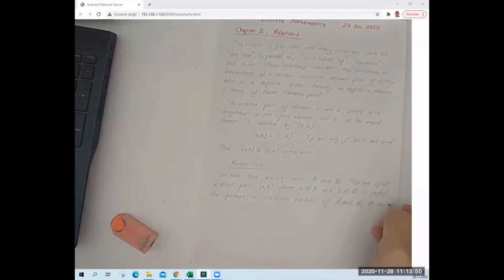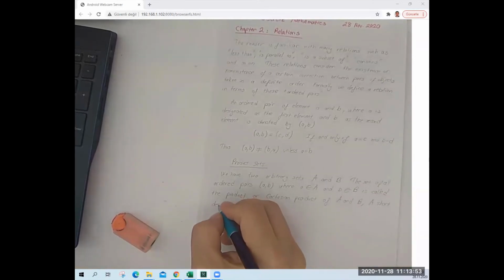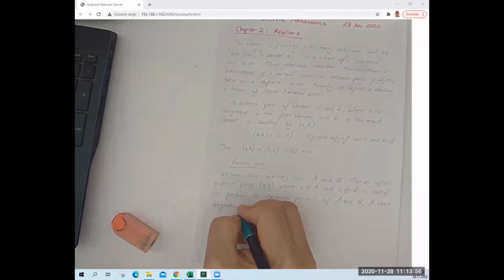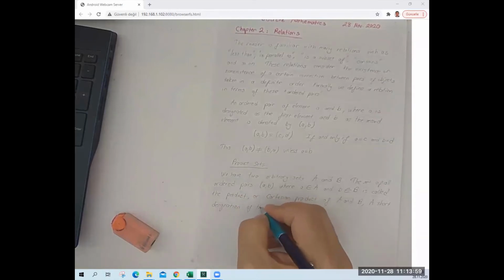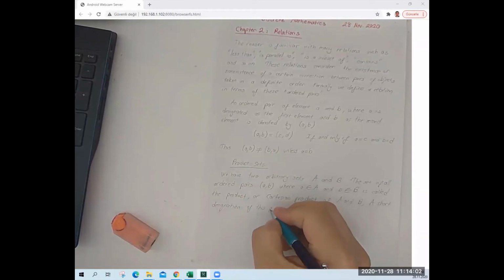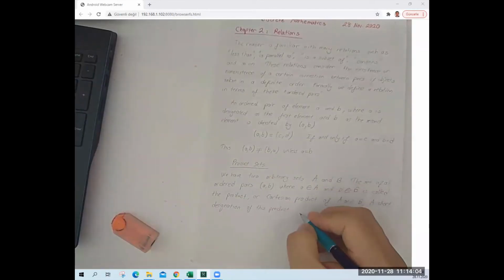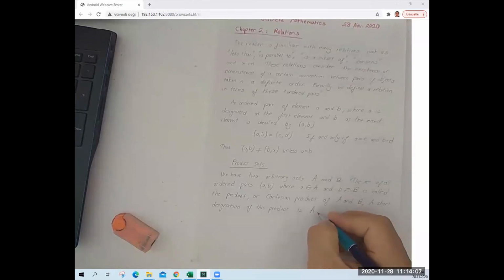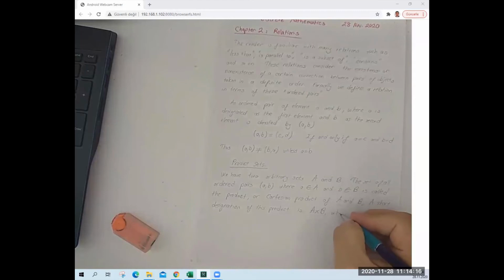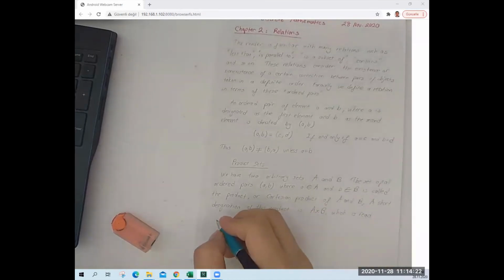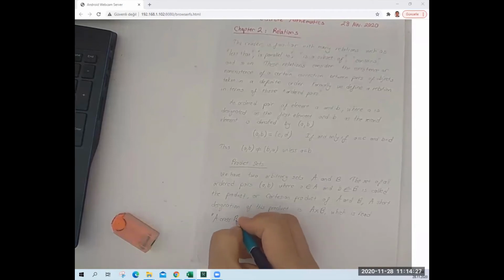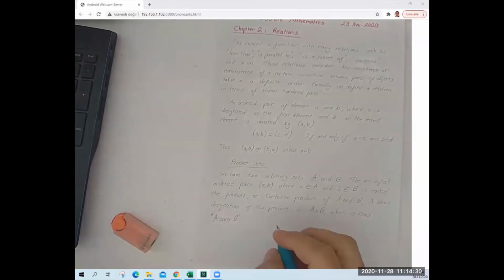A short designation of this product is A, with the multiplication or X symbol, B, which is read A cross B, as a definition.